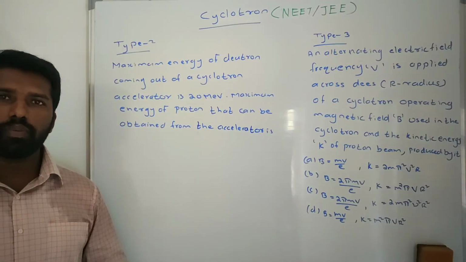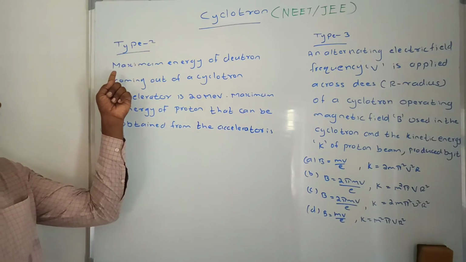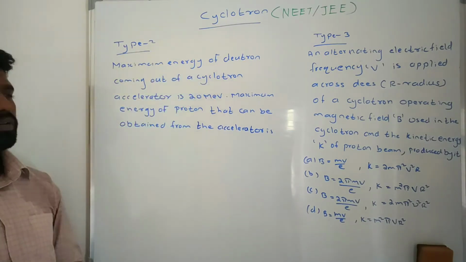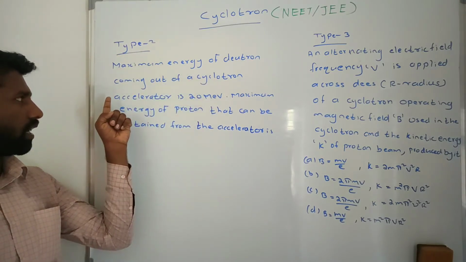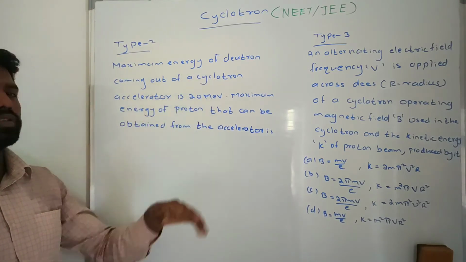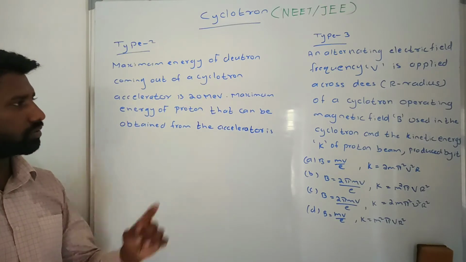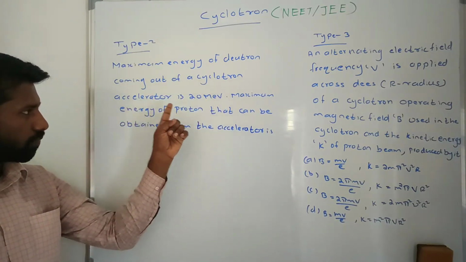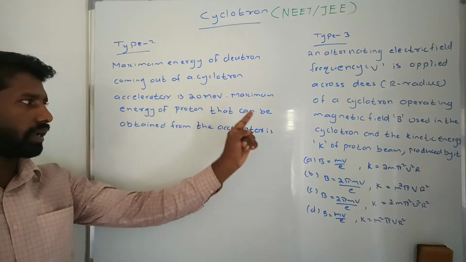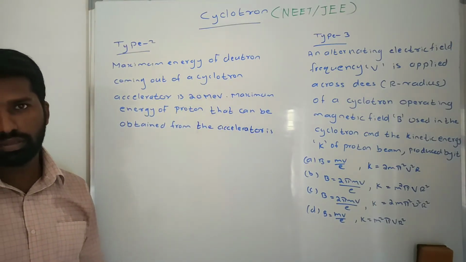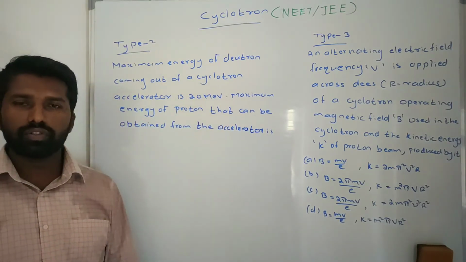Now we will see type 2. The maximum energy of a neutron coming out of a cyclotron accelerator is 20 mega electron volt. The maximum energy of a proton that can be obtained from the accelerator is? That means, what is the meaning of the question?